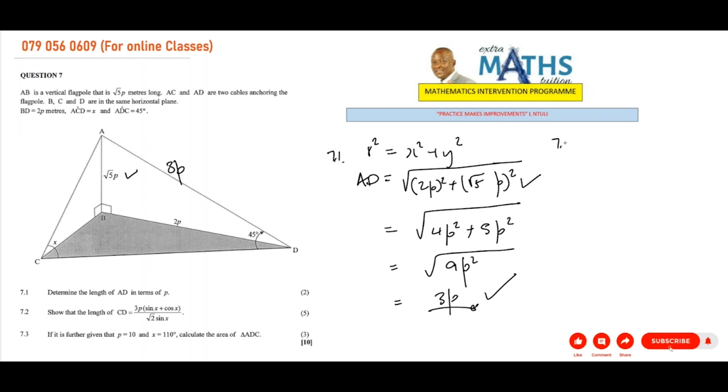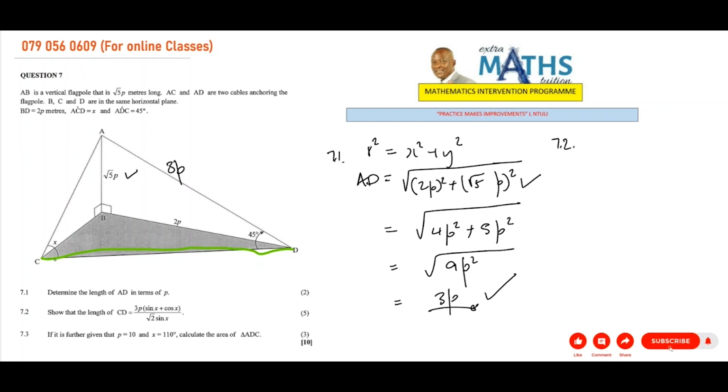Now let's look at 7.2. Show that the length of CD is equal to the given expression. Let us check for CD. Where's CD? There's CD.